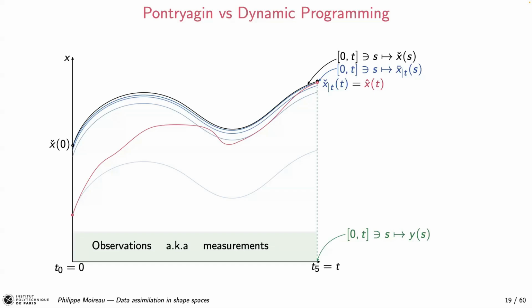And typically, under suitable conditions, that there are enough signs outside, you achieve the same optimality. Okay, that's the spirit. So you follow the optimum up to time t. You hope that when t increases, you get to the true trajectory. Okay, that's the dynamic programming approach.